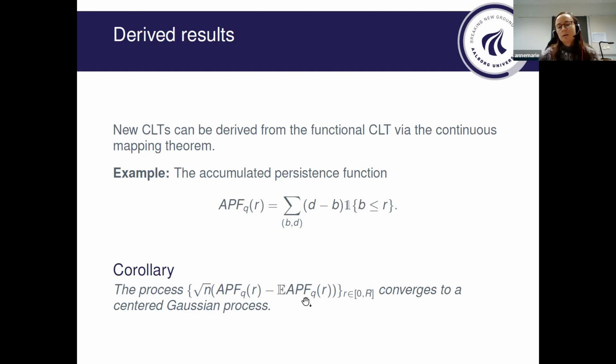So this again converges now to a one-dimensional Gaussian process. And I mean, you can, in principle, do the same for other summary statistics of your persistence diagram that you may be interested in.